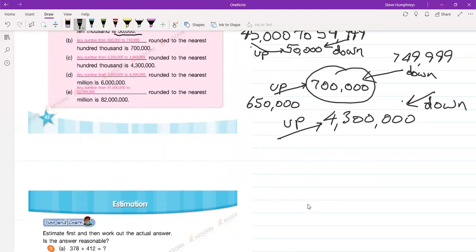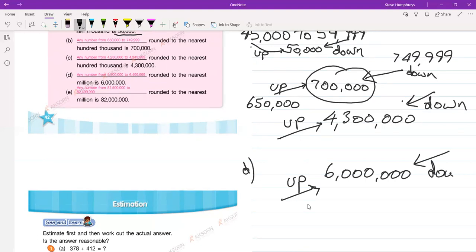D is millions. We're going to look at the last 6 digits. 6 million. This is D. This one will be going up, and this one will be going down. And E, that's a very big number, 82 million.